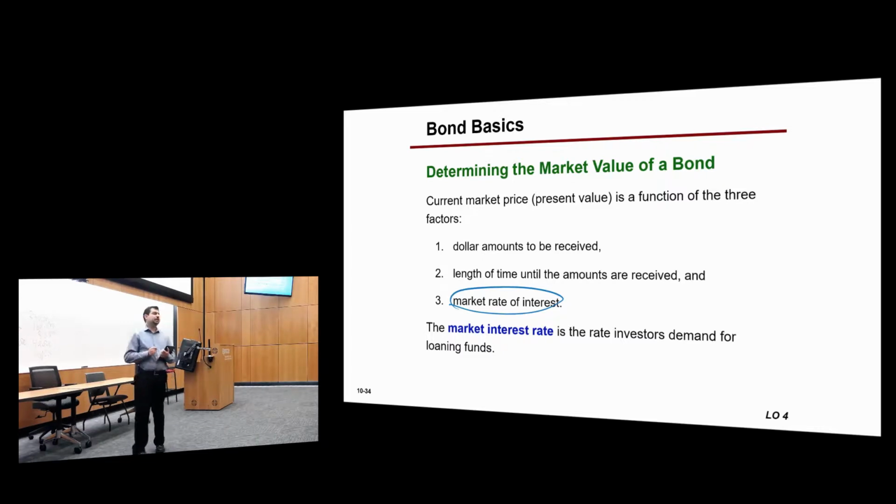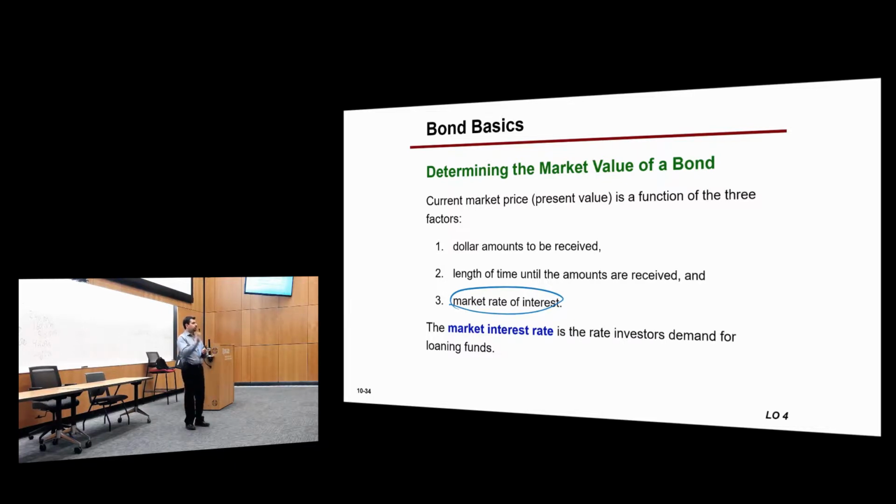Now, remember, the contractual interest rate will be decided by the board of directors when they approve of issuing the bonds. But between the time the board decides and approves of that, and the time the company actually issues the bonds, there is a certain period of time.